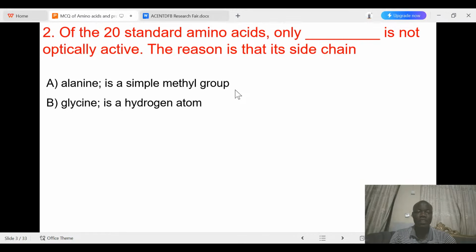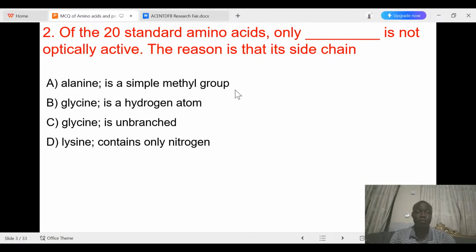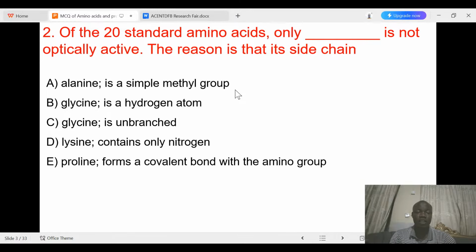B, glycine, with a side chain that is a hydrogen atom. C, lysine, contains only nitrogen. D, proline, forms a covalent bond with the amino group. So what is the answer to this question? Which of the amino acids is not optically active?